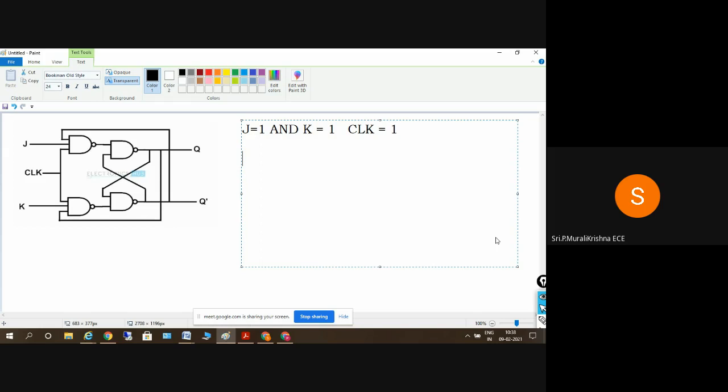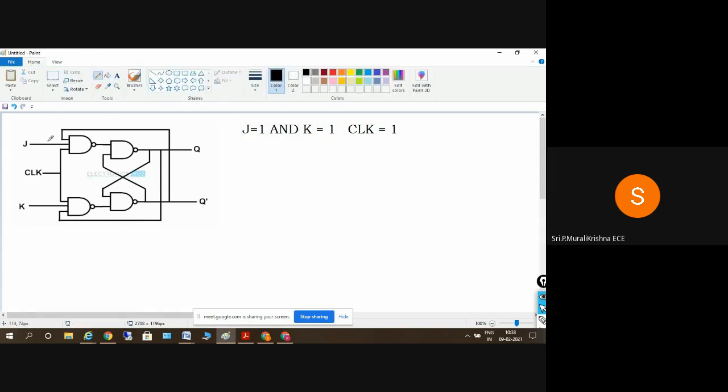So check the cases here. J is 1 and K is 1 and clock is 1. So the output of G1 will be equal to 1 into Qn bar whole bar, that is equal to Qn.